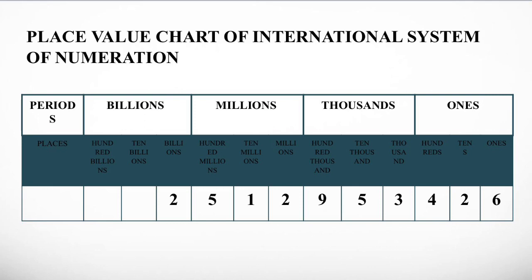Then we read the number from the rightmost period, that is the group. The digits in the same period are read together and the name of the period, except the units, is read along with them.